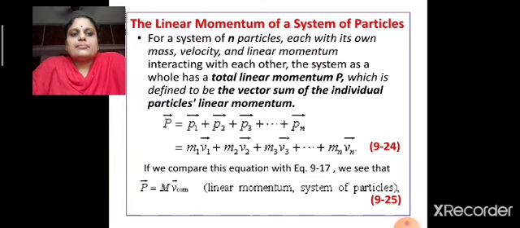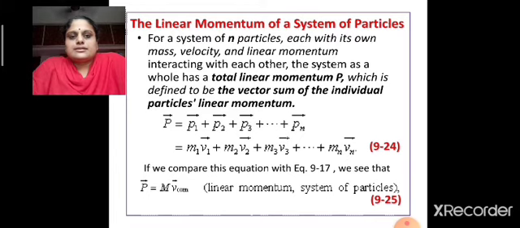For a system of n particles, the total linear momentum P will be the vector sum of the individual particles' linear momenta. That is, P is equivalent to P1 plus P2 plus P3 plus etc. up to Pn, which is equal to m1v1 plus m2v2 plus m3v3 plus etc. up to mnvn, where momentum is replaced by mass into velocity.